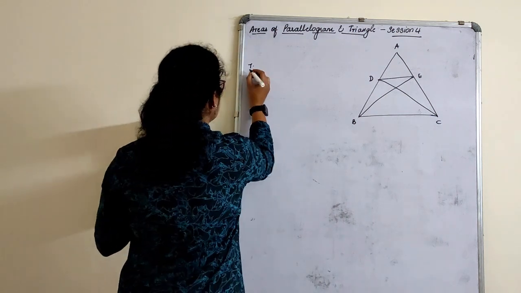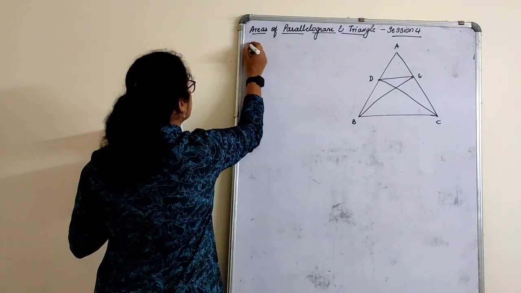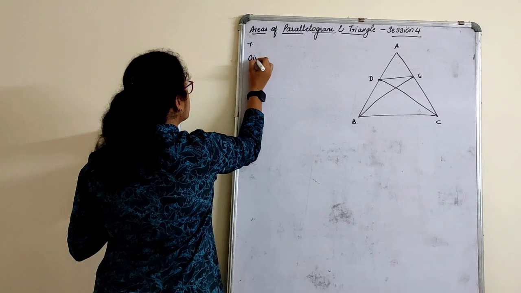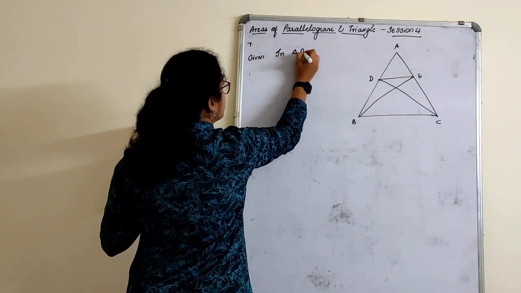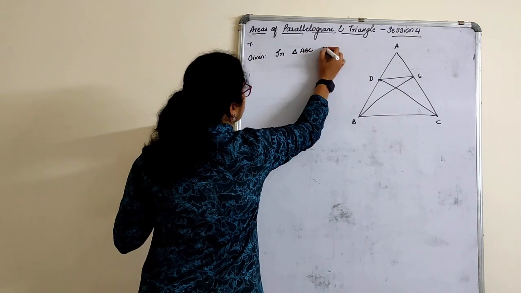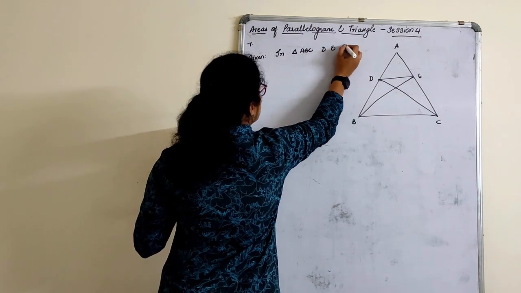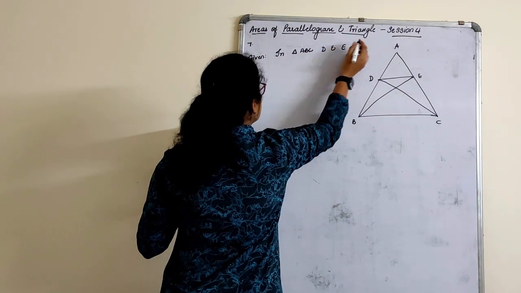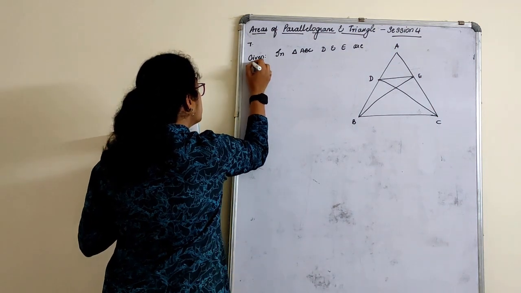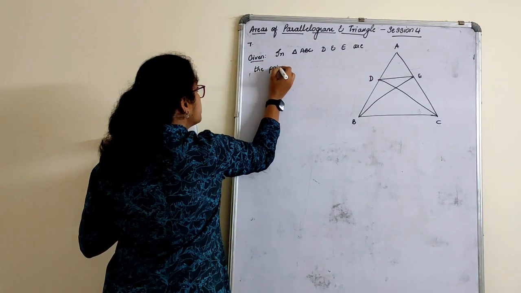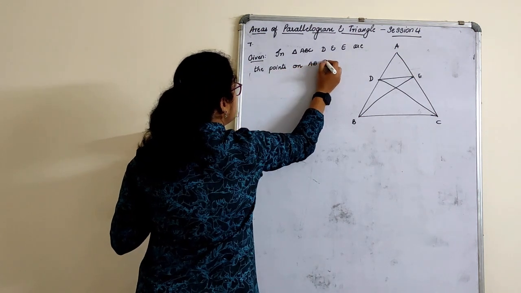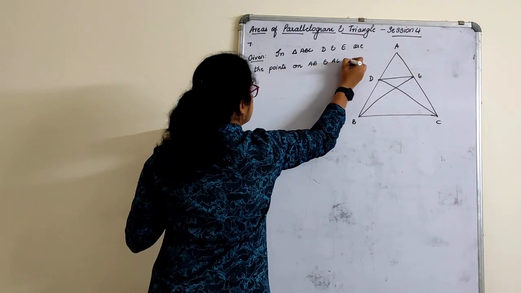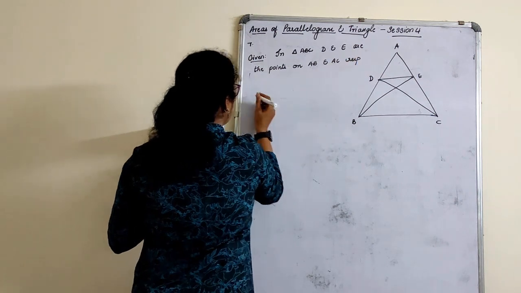Let's first write given. In triangle ABC, D and E are the points on AB and AC respectively.